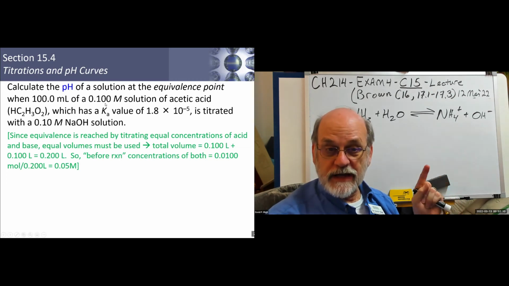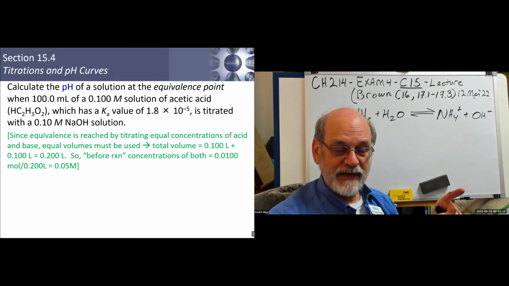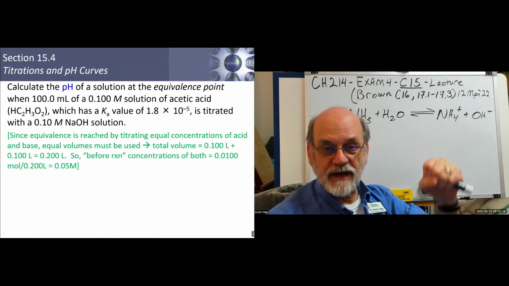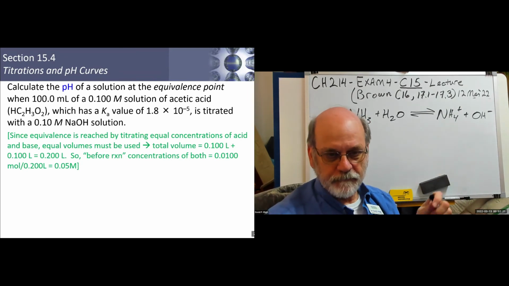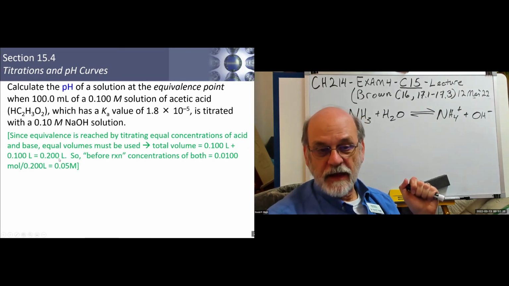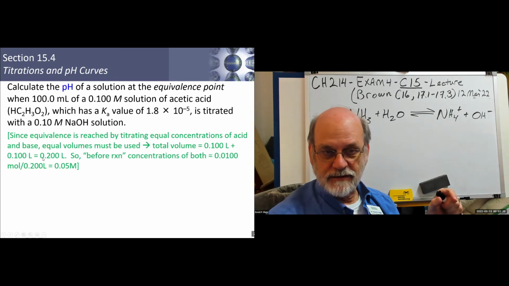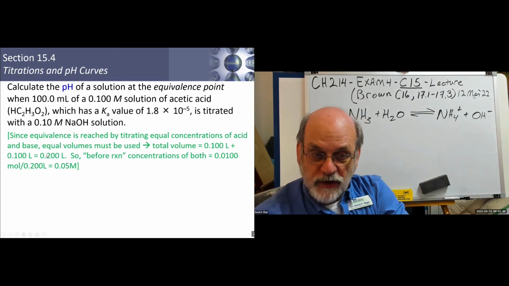Well, since they're equal concentrations, it occurs when you've added 100 milliliters of sodium hydroxide. Now you have equal moles of acid and base. That's the equivalence. That's why in green down here, the total volume at the equivalence point is 0.2 liters: 100 milliliters of acid plus 100 milliliters of base is 200 milliliters, or 0.2 liters.